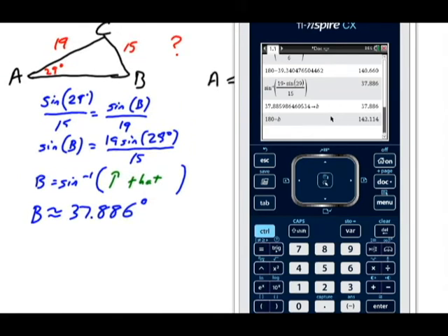The next easiest thing to find is angle C. Notice that we can simply subtract from 180.